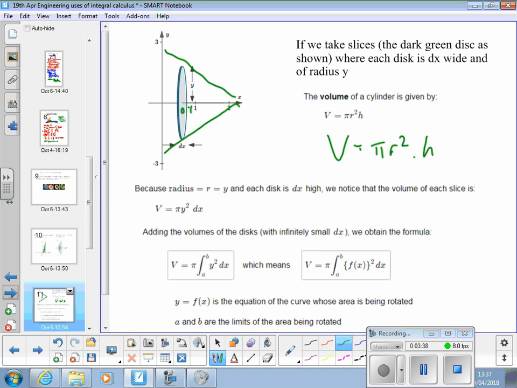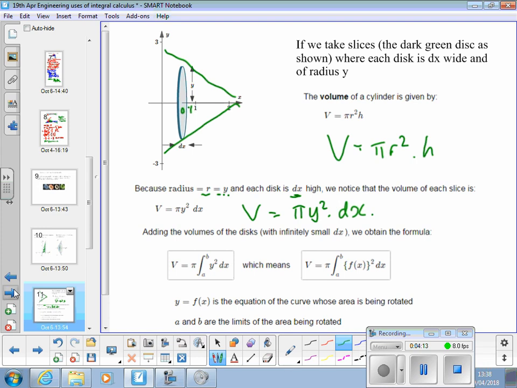Yeah. Because the radius of each disk is y and it is dx high, we can note that the volume of the slice is pi times y squared times dx, so we replaced r with y. Yep.